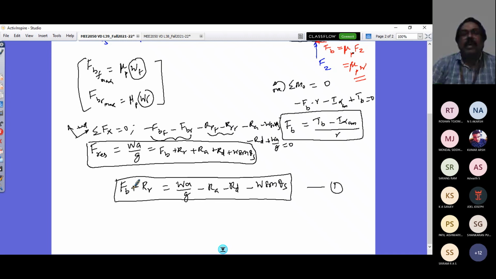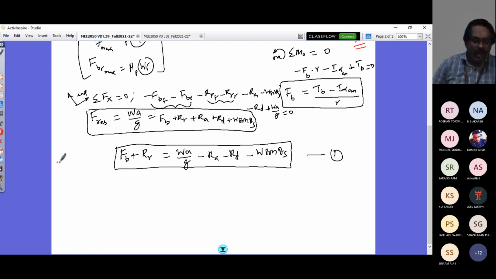Then now let us look at what my WF and WR are. For that, let us take a moment about point B, the rear axle, equating it to 0, considering counterclockwise moment positive, and I would be able to derive the expression.